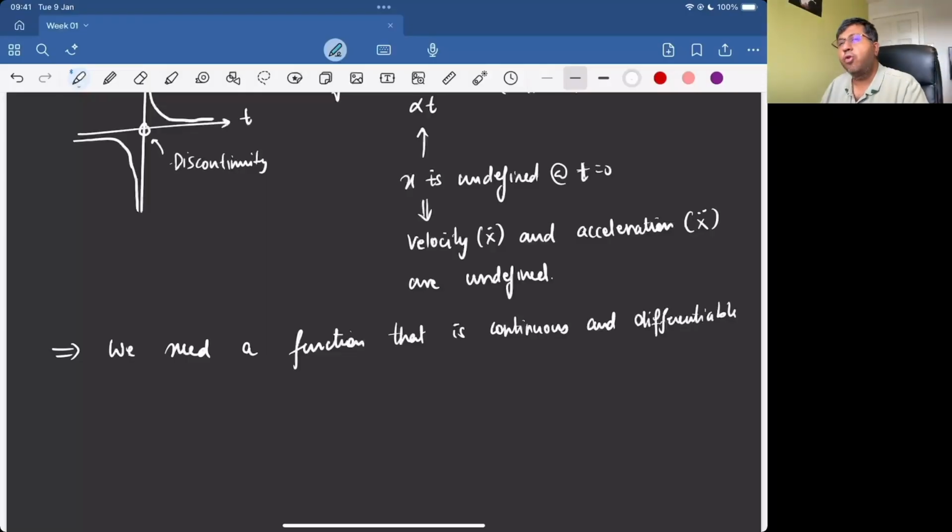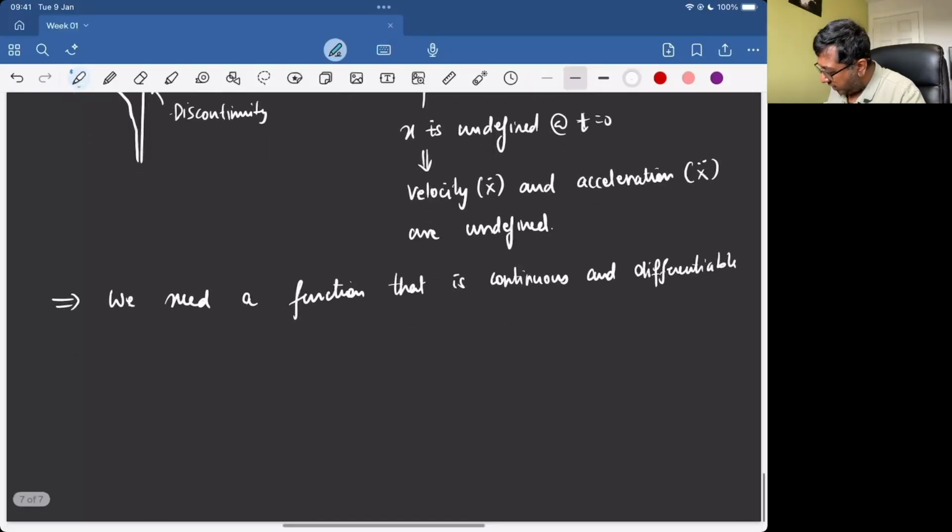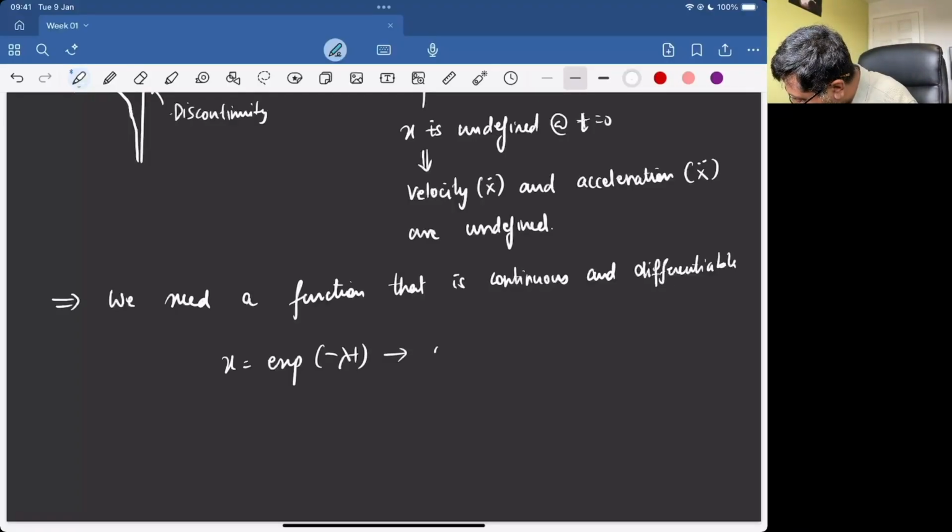I'm not going to go into the details of this, but if you go back and look at the typed out lecture notes, you'll see that I have gone into the mathematics of why exponential is a suitable function there. That's the reason why we ended up saying we want to have e to the power minus lambda t as a potential solution.